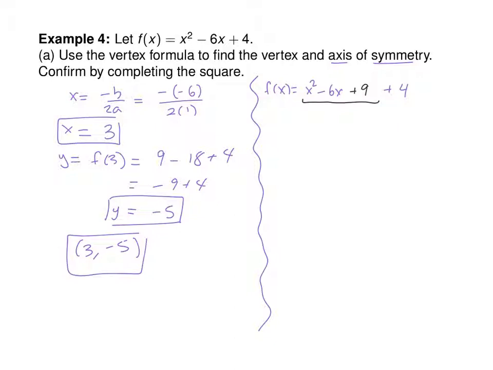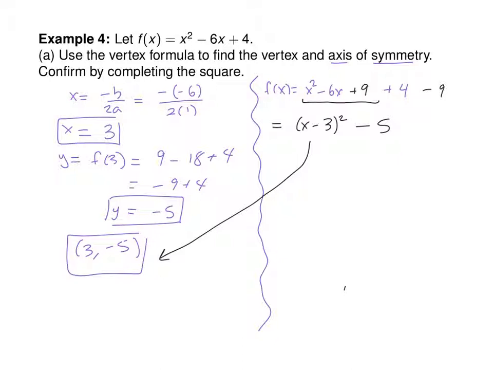And you compensate by? Subtract 9. So that makes x minus 3 squared minus 5. Does that agree with the location of that vertex? Yep. Forwards 3, down 5, right? Okay. Great.